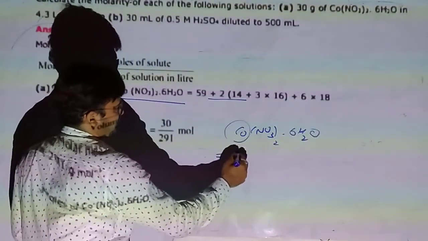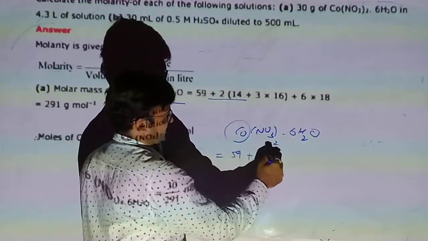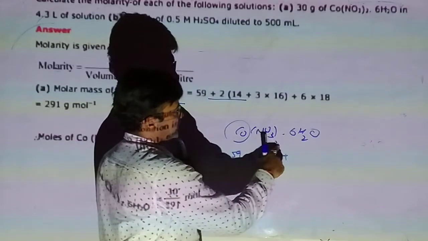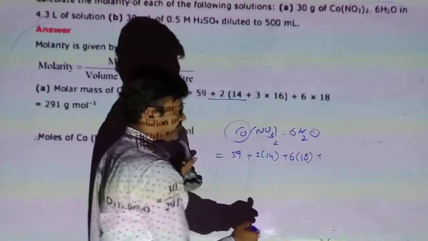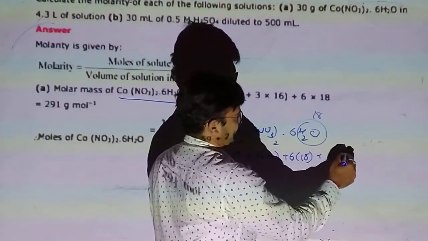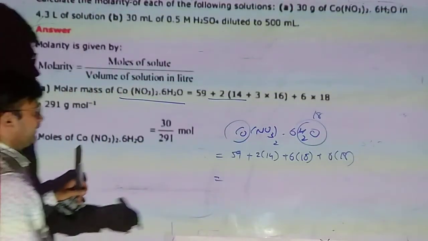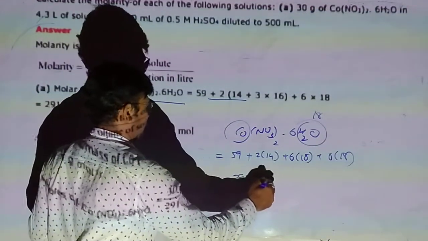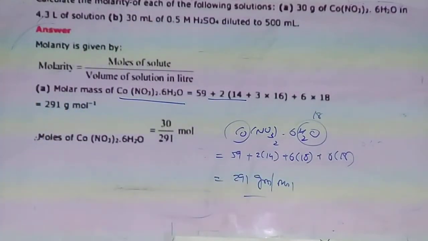Atomic mass of cobalt 59. Here 2 nitrogen, so 2 into 14. 6 oxygen, 6 into 16. 1 molecule of water having 18, so 18 multiplied by 6. So it is 291 gram per mole, the molecular mass of hydrated cobalt nitrate.